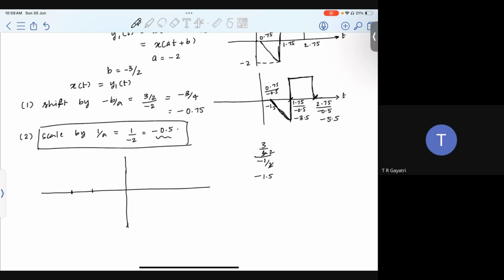From minus 5.5 to minus 3.5, what we have is a rectangular signal, right? So this part. And then until minus 1.5, what we have is this signal. So this is minus 2 and this is plus 2. So this is your x of t. Is that okay?